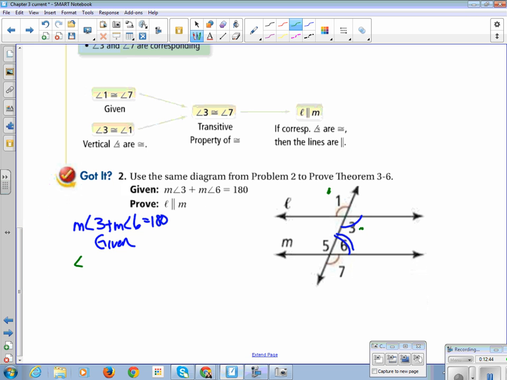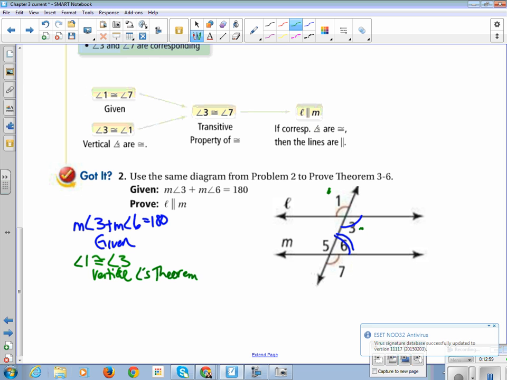So angle 1 is congruent to angle 3, and that's the vertical angles theorem. And so the measure of angle 1 is equal to the measure of angle 3. And that's by the definition of congruence.